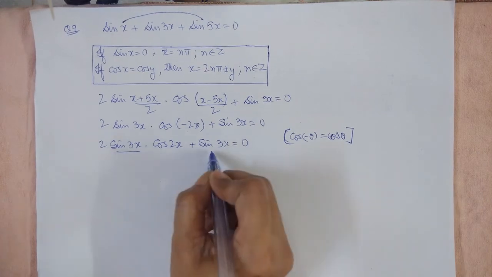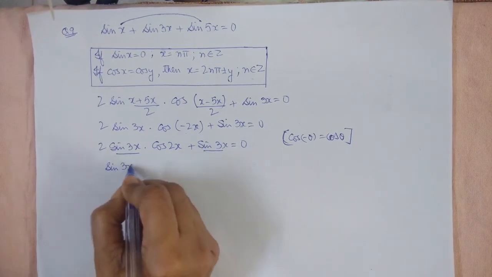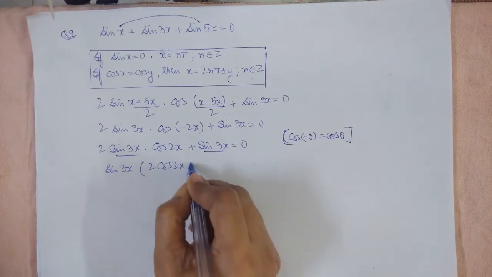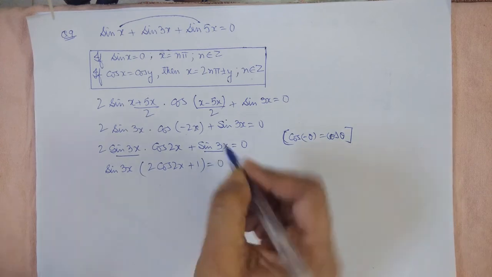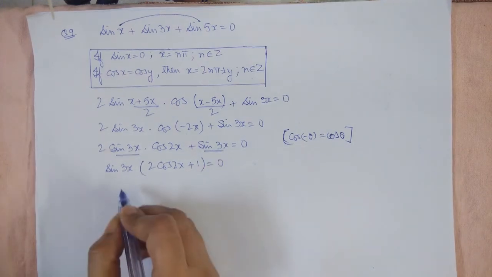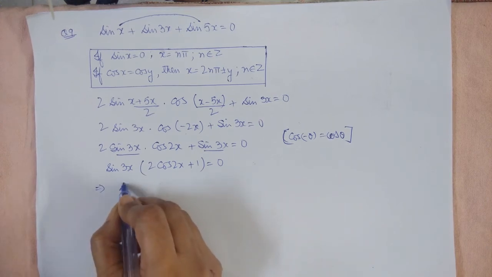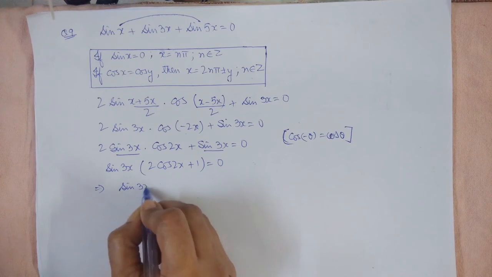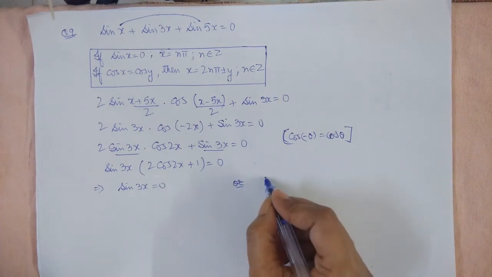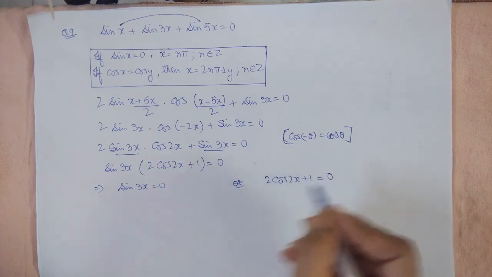Now take sin 3x common. So in the bracket, 2 cos 2x plus 1 equals 0. This part you will do, you will get it. So this implies either sin 3x equals 0 or 2 cos 2x plus 1 equals 0.